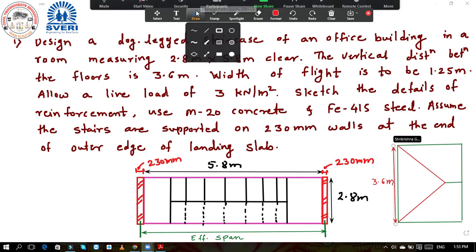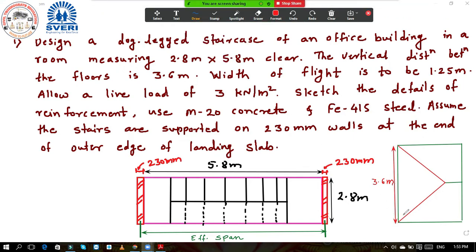If I give the names, this is your first flight, and here it is the second flight. I will change the color so that you will understand. This is nothing but the landing.